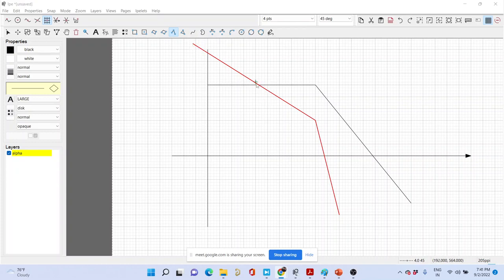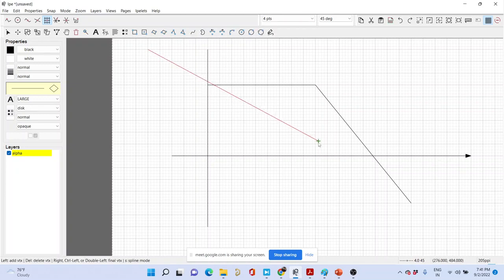So the plant Bode magnitude plot becomes somewhat like this.